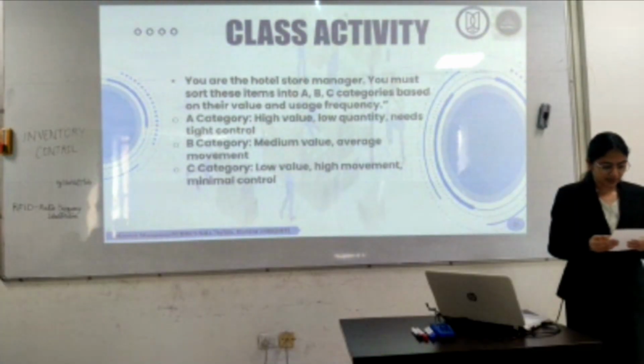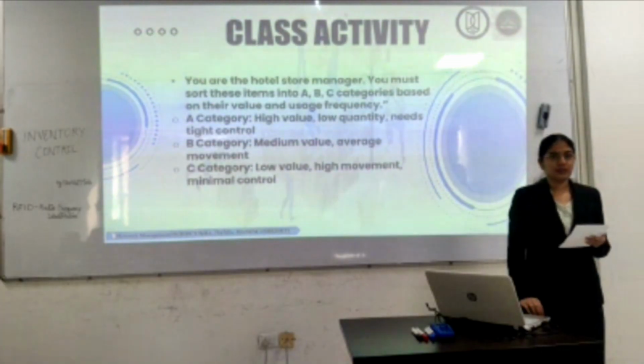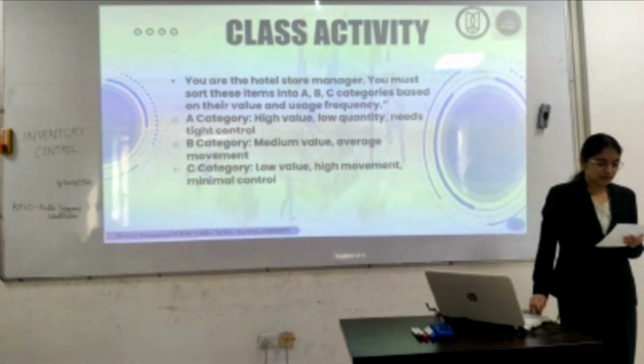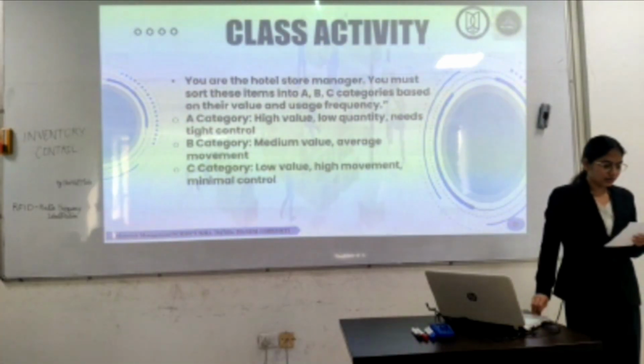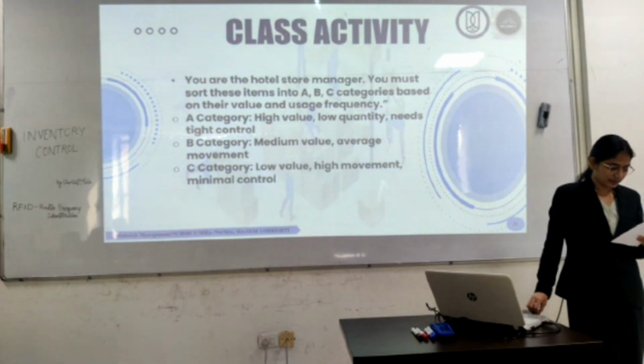That's correct. Next is imported wines. Then expensive bed linen. Correct. Tissue rolls. Correct. Water bottles.